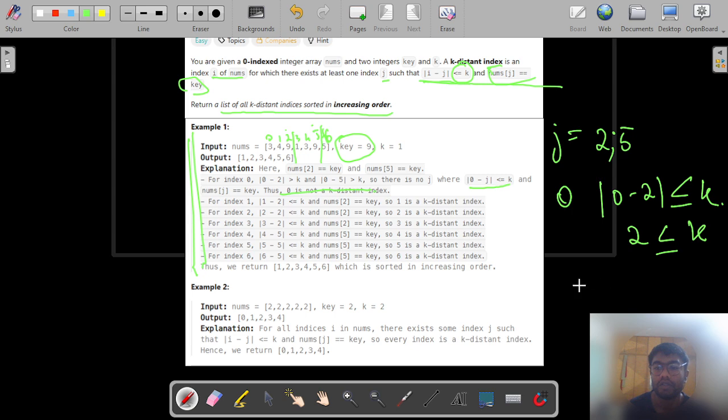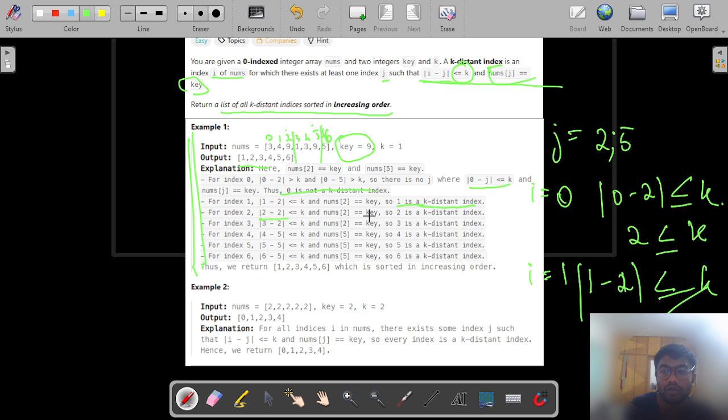And now if we consider the second index, i is equal to 1, 1 minus 2, is it less than or equal to k? It is true. So we can say 1 is a possible value that we can return in our output array.